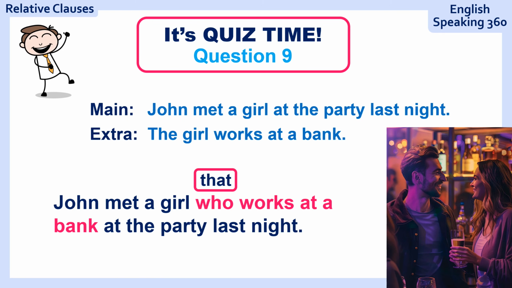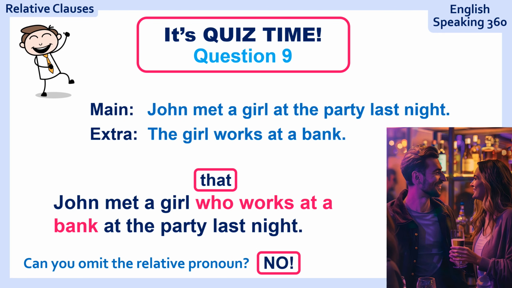John met a girl that works at a bank. Good. Can you omit the relative pronoun? No, you cannot, because who works at a bank? The girl, a girl. So a girl is replaced with that or who in the relative clause, and that is your subject, so it cannot be removed.